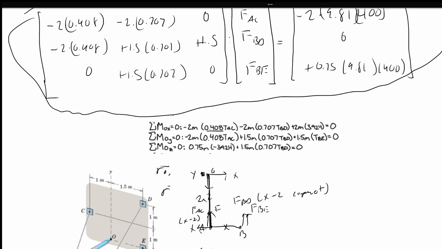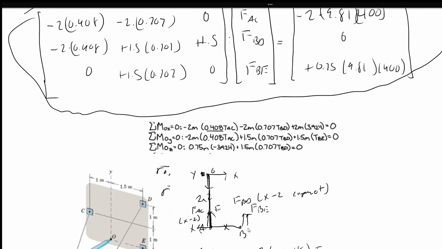So it's 2 times this 0.408 TAC. Right, and so you'd have to figure out the x component. Yeah, this is the x component of TAC.